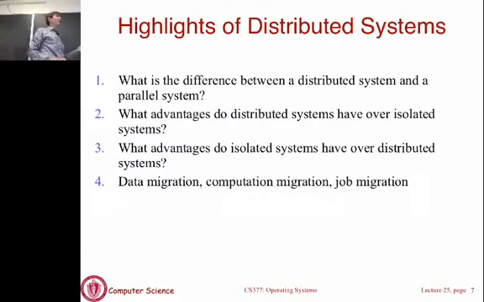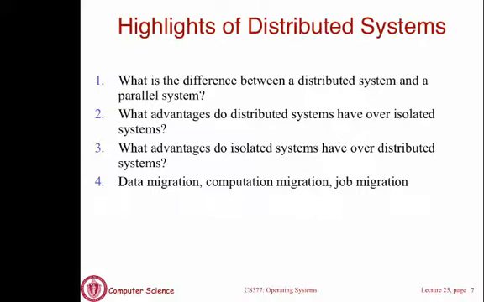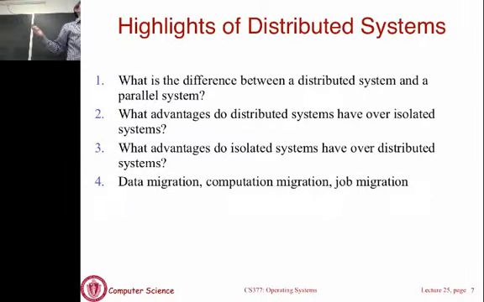Right, and so benefits of distributed systems are things like resource sharing. So you can access resources that are not on your local server or attached to your local server. Scalability: if you have an application that needs a lot of resources, you write a distributed system to allow your application to use 1,000 machines if you need to.